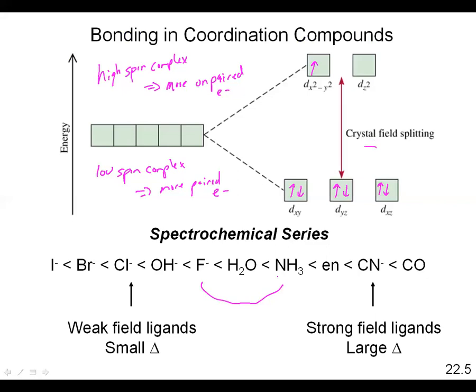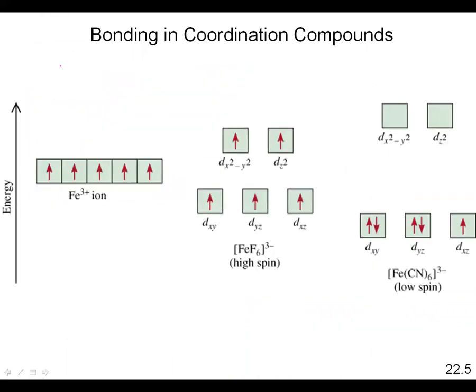Now, what we're actually looking at in terms of this particular splitting that we've been seeing here is that octahedral splitting, and really that coordination number of 6 is basically what we're looking at. So here are two examples of iron complex ions.